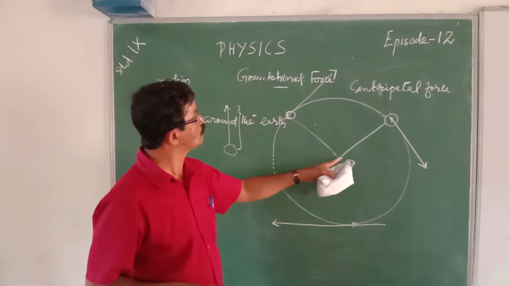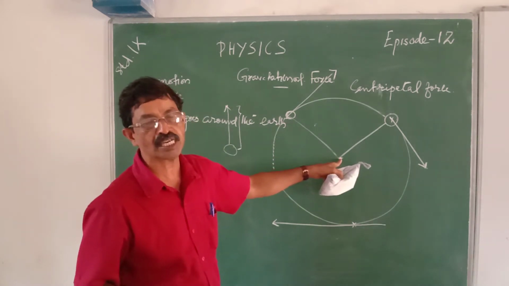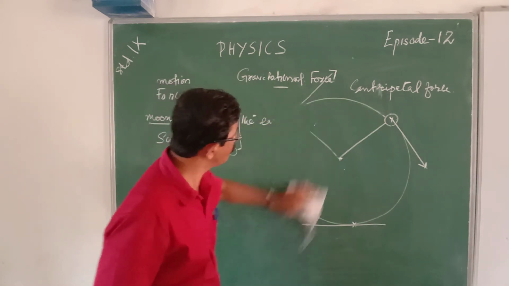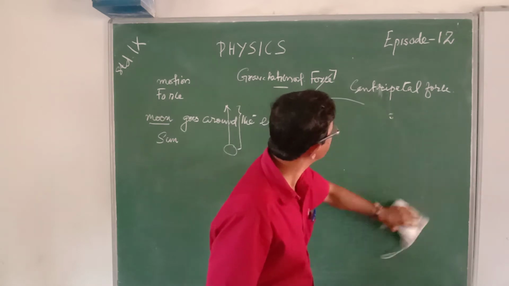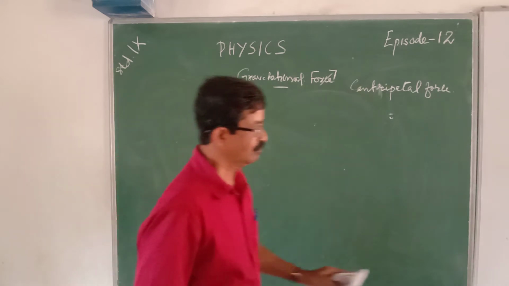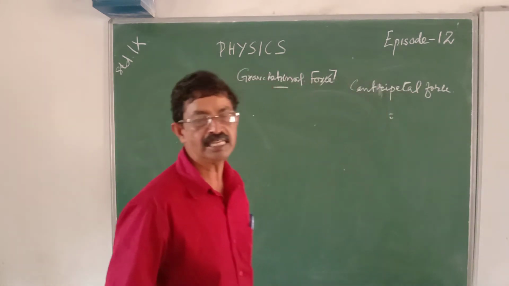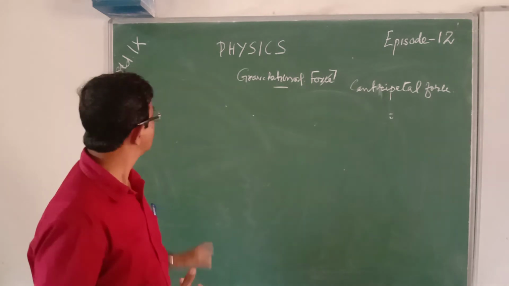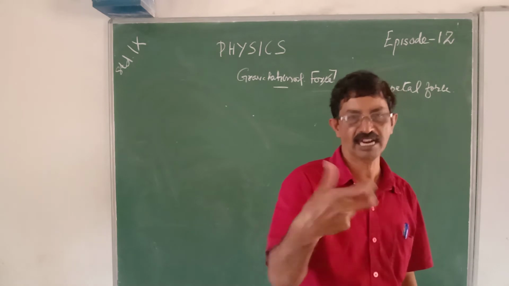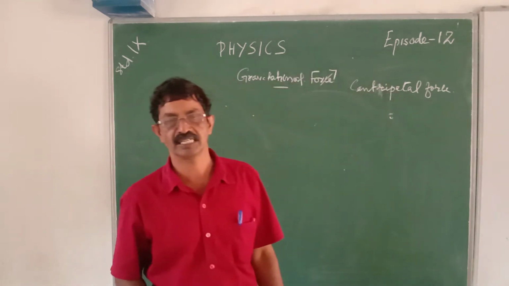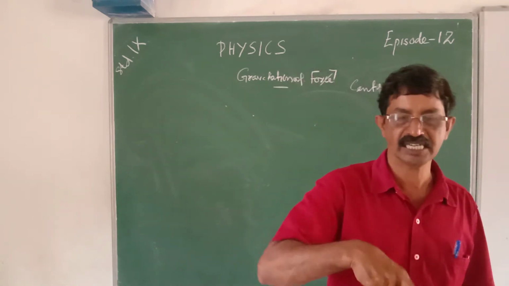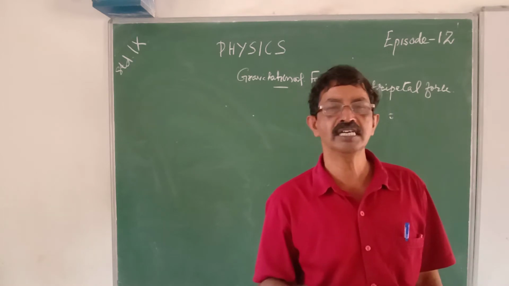Here that force is towards the center, so it is called centripetal force. And how is that centripetal force obtained? It is due to the gravitational force, otherwise gravitation. That means a force exerted by the earth keeps the moon in the circular path. Similarly, force exerted by the sun keeps the planets around the sun.